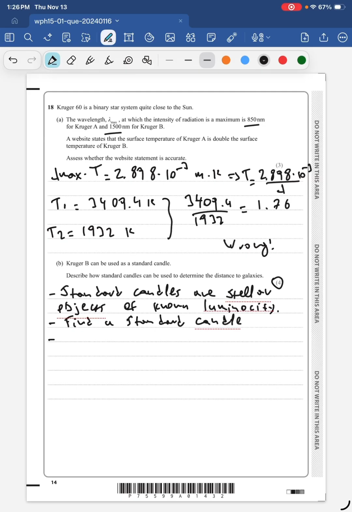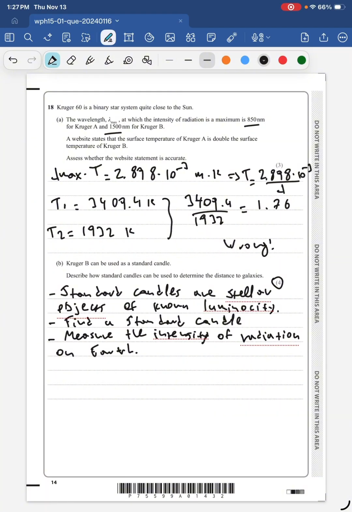So measure the intensity of radiation on Earth, okay?